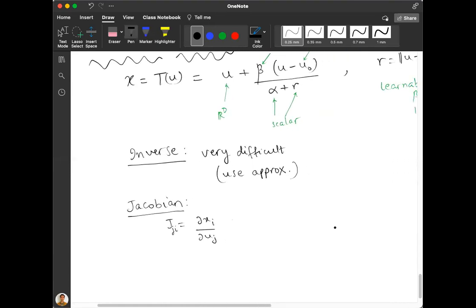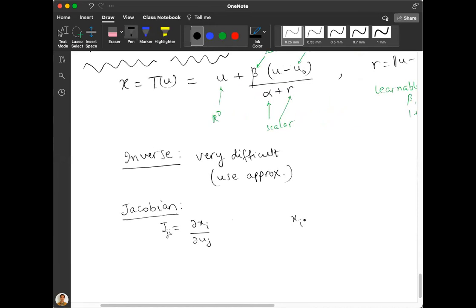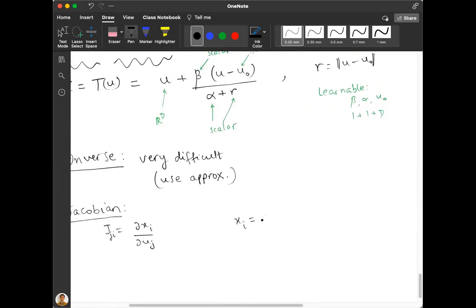So what is my x in terms of the elements? x_i is equal to u_i plus beta times (u_i minus u_0i) upon alpha plus r, where alpha is a scalar, and r is basically the square root of, sorry, it should be a summation over some dummy variable k, of (u_k minus u_0k) whole square.